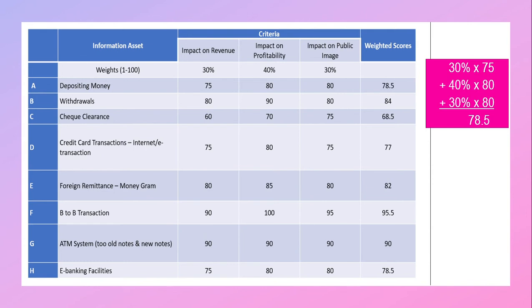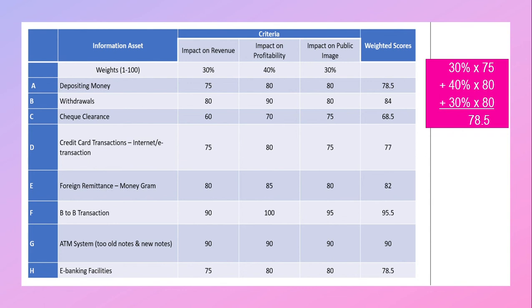To get the weighted score on each information asset, first we must multiply the given value of 75. Now you must multiply it by 30 since it is the percentage given in the criteria.